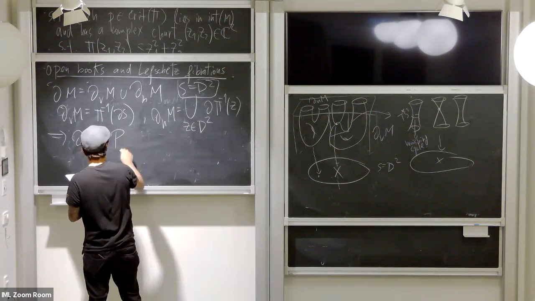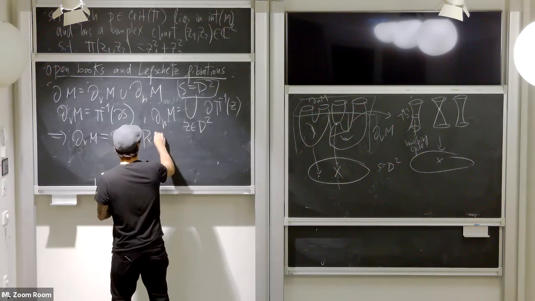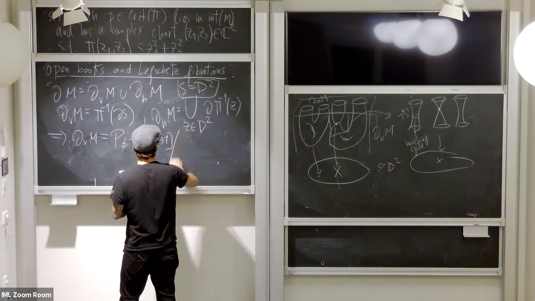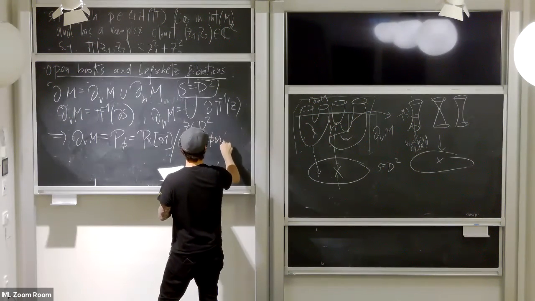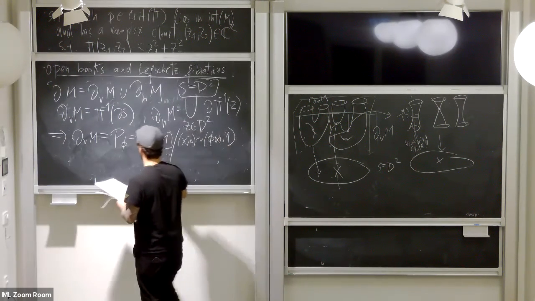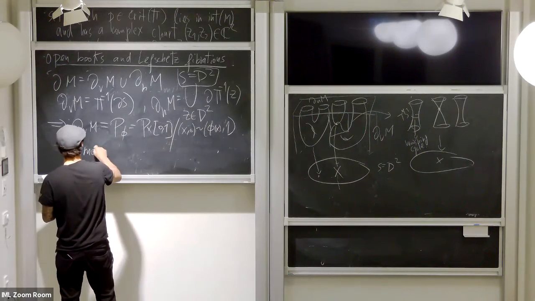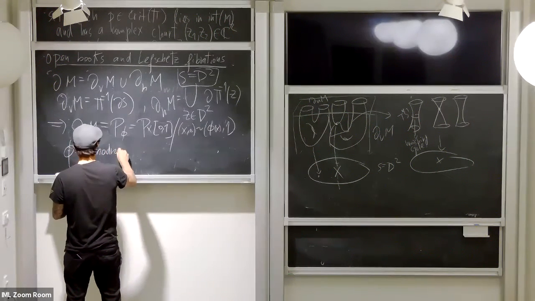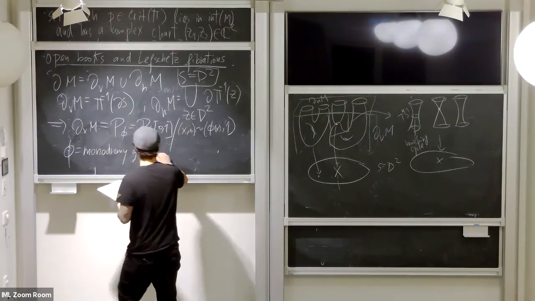So this is the mapping torus of some monodromy phi, where phi is the monodromy of the fibration restricted to the boundary of the disk.